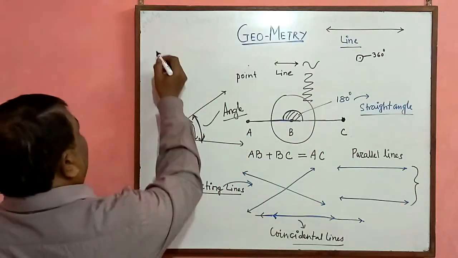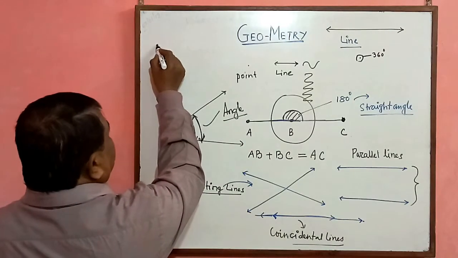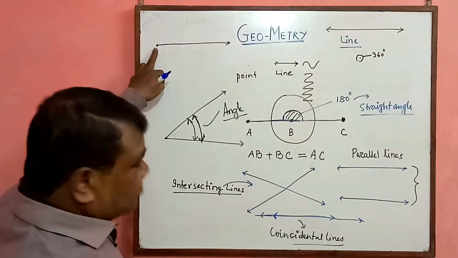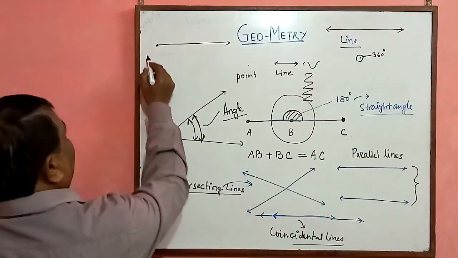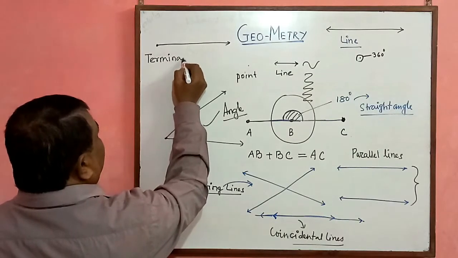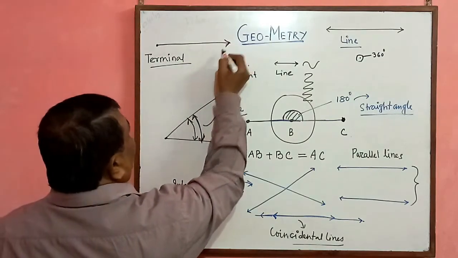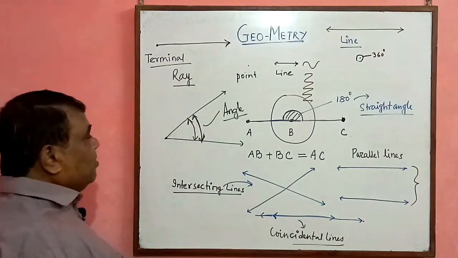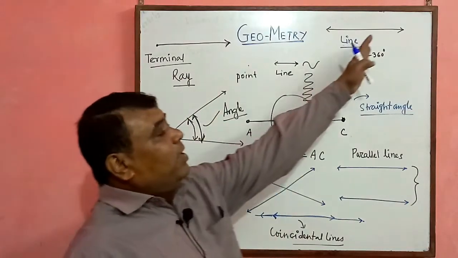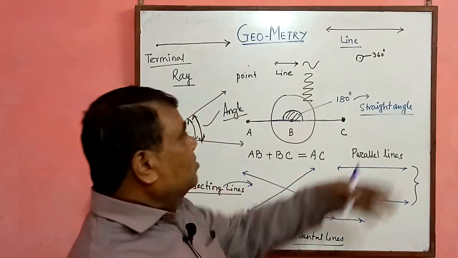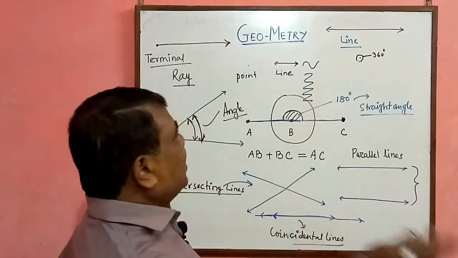If a line is progressing further from a particular point, having one terminal, this is known as a ray. So a line means it is moving infinitely on both sides.